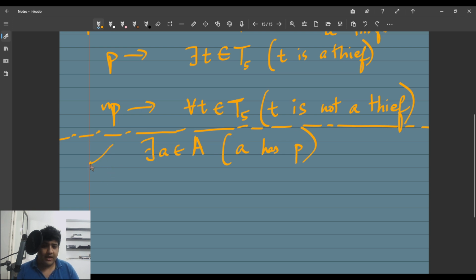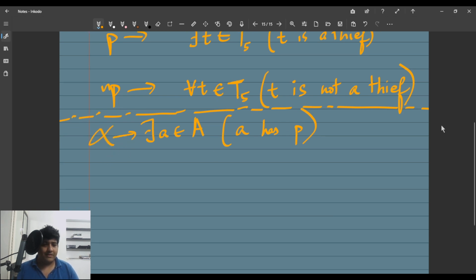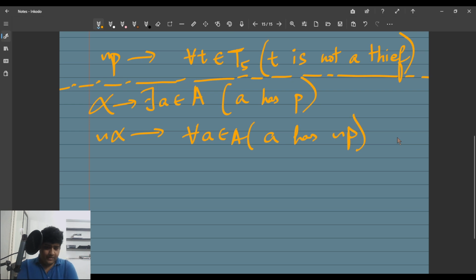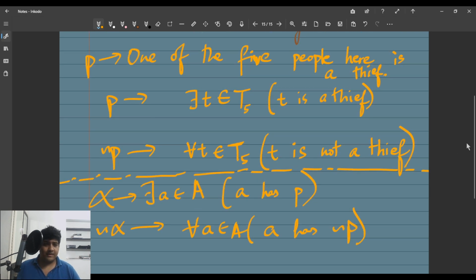I'll call this statement alpha. I have used up all alphabets. So there exists a belonging to A such that a has property p. The negation of alpha would be for all a belonging to A, a does not have p. So a has not p. This is very abstract. If you don't understand, then let it be. But pause the video and try to at least pattern match with the previous examples.